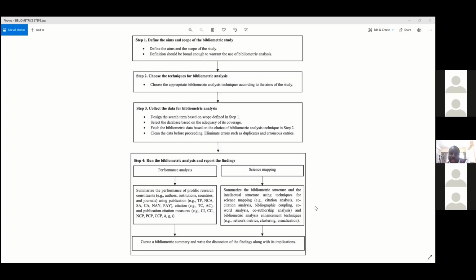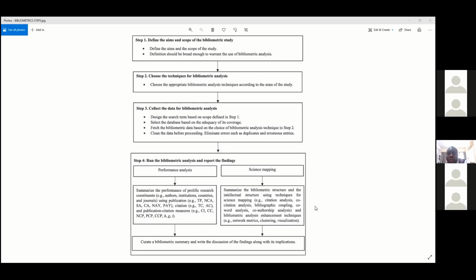So typically, there are 4 steps when it comes to undertaking a bibliometric analysis. You need to characterize what you are interested in by defining the aims and scope of the analysis.